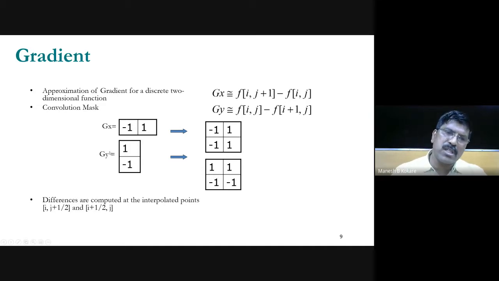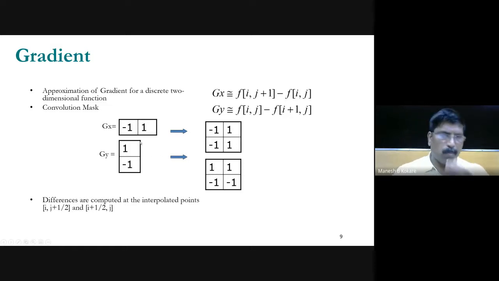Similarly, for gy, it is f of i, j minus f of i plus 1, j. So 1 and -1 will come, and you apply this column wise.